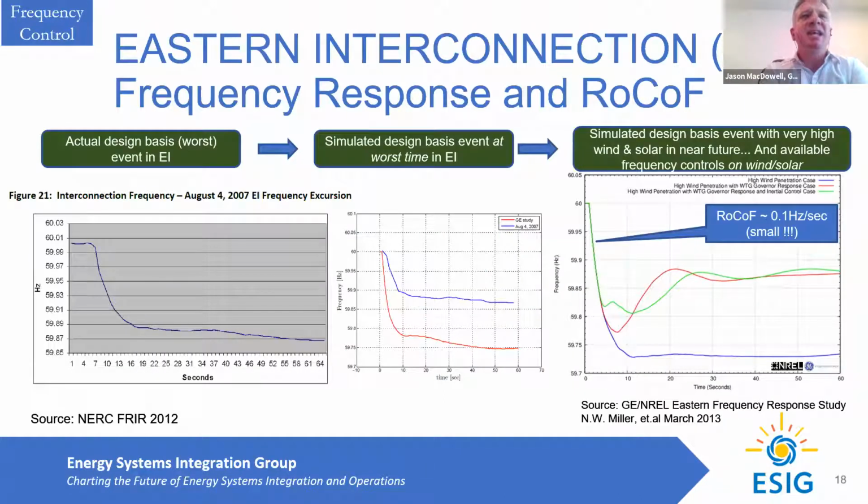But in the Eastern interconnection, for example, we looked at this years ago, and Nick really did a lot of analysis on this back in 2012, where when we have a design basis event, we lose a large unit like a unit in Rockport up in the Northeast, and the frequency declines, but it doesn't decline all that much.